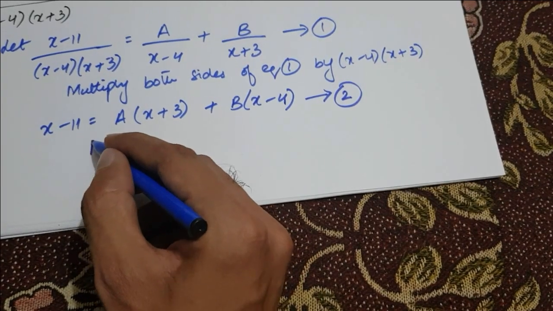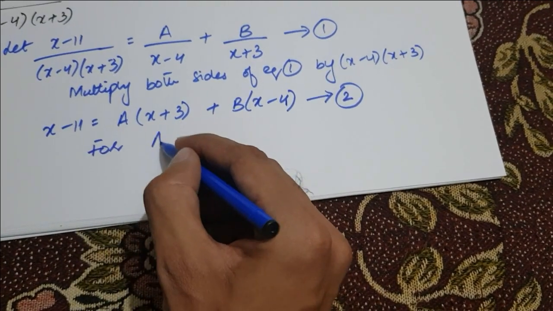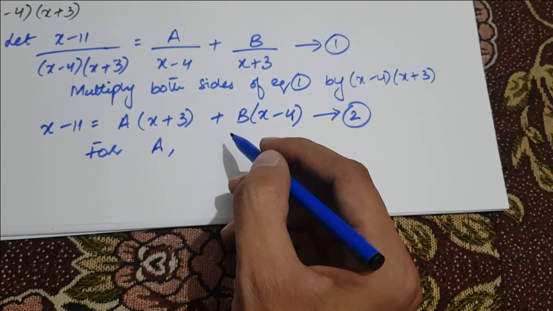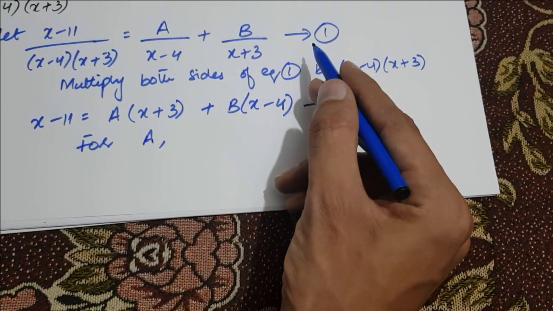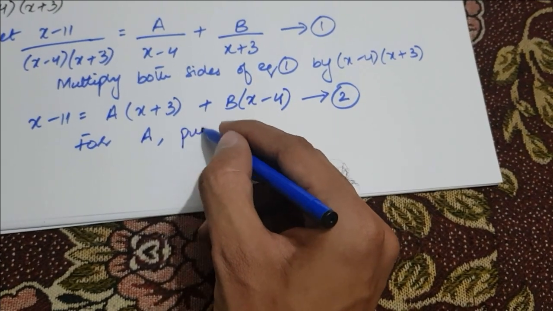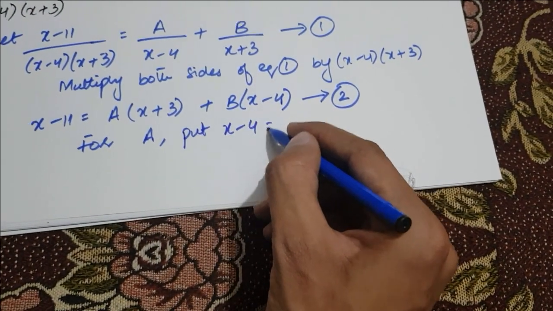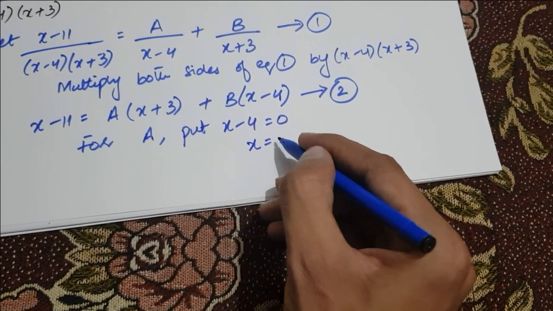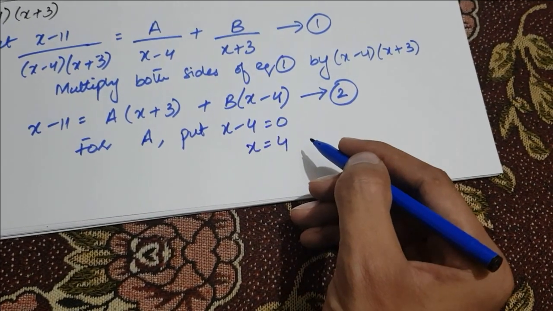So now, for finding the value of A, we have to look at the denominator of A in equation 1, which is x minus 4. We put its denominator equal to 0 and get the value of x, which is equal to 4.